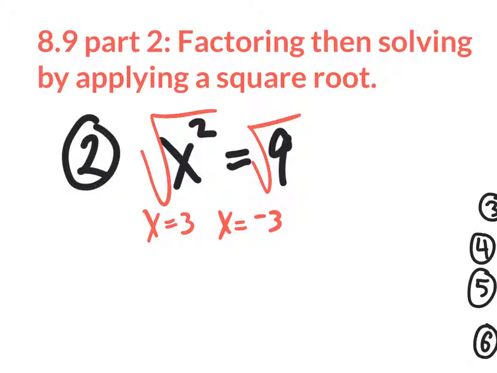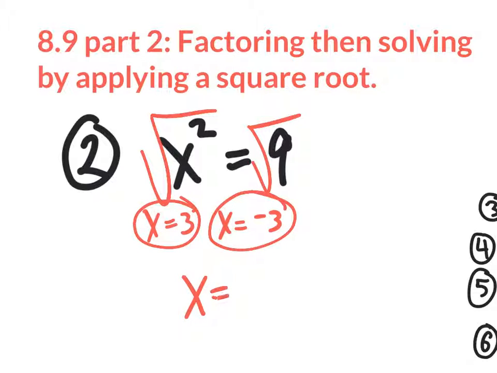So the answer is still 3, but notice that we actually have two answers, a positive 3 and a negative 3. So this is a rule that we have to always apply from here on out. In Algebra 1 and Algebra 2 and Pre-Calc and any advanced math class, whenever you apply a square root in an equation, you're going to put your answer as x equals, you have to put a plus or minus right in front of your answer.